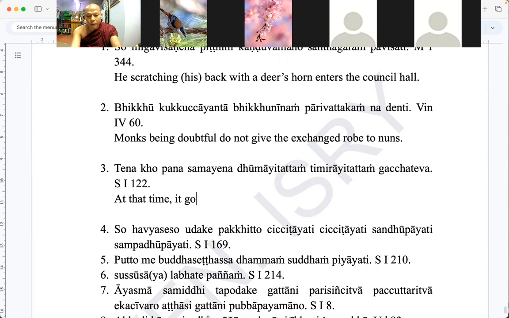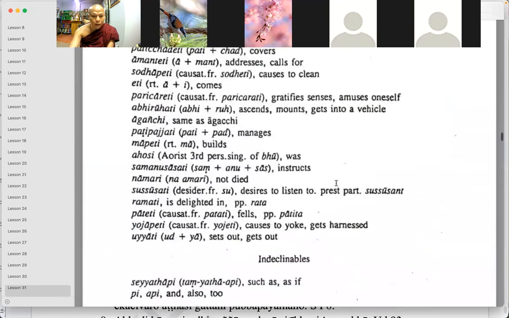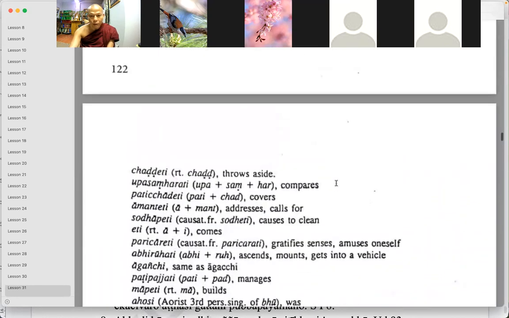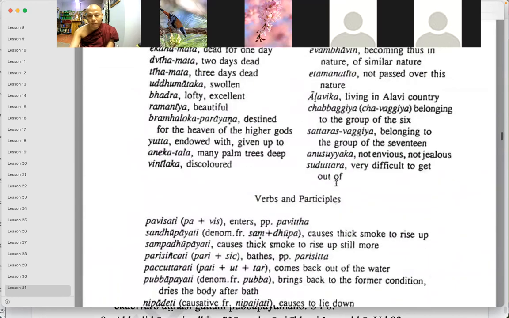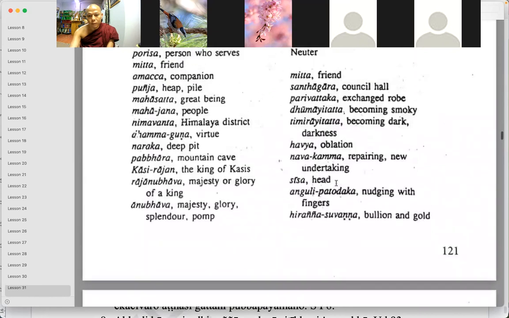So maybe "Gechati", it becomes dark, and then "Timirai Data". So literally, it goes to darkness, and then "Timirai Data" also darkness. "Dumai Data", "Timirai Data" are also actually neuter now.